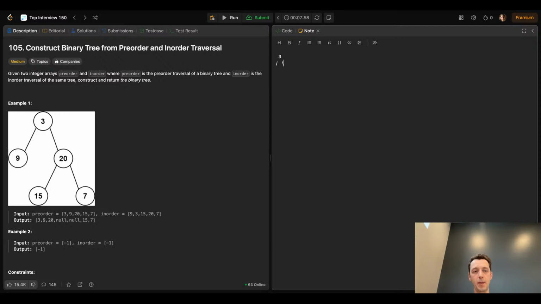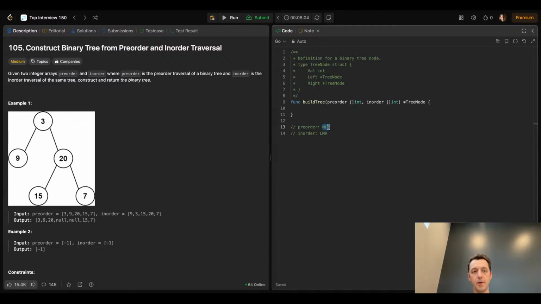But the fact that the preorder has this type of order sets the structure.